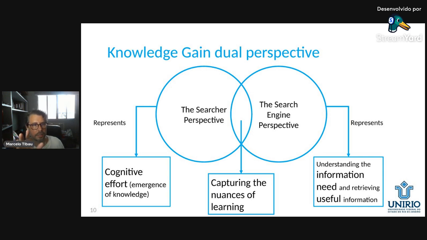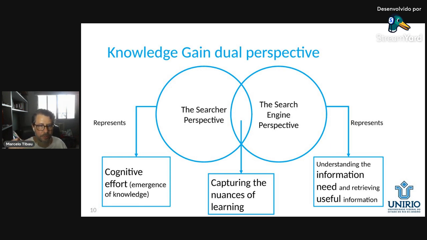From a searcher perspective, knowledge gain represents the cognitive effort applied during the search, and through this effort, there is an emergence of knowledge. From the search engine perspective, knowledge gain represents the machine's understanding of the information need and its ability to retrieve useful information.